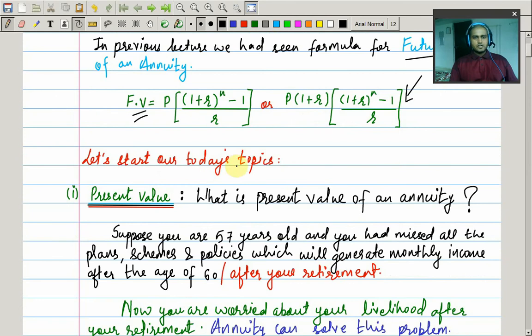So let's start today's topic, present value. What is the present value of an annuity? Suppose you are 57 years old and you had missed all the plans, schemes, and policies which will generate monthly income after the age of 60, or say after your retirement.